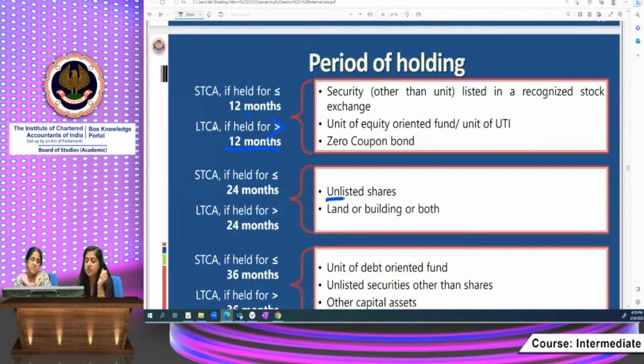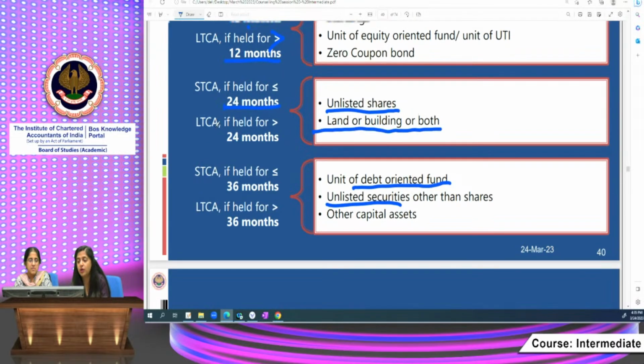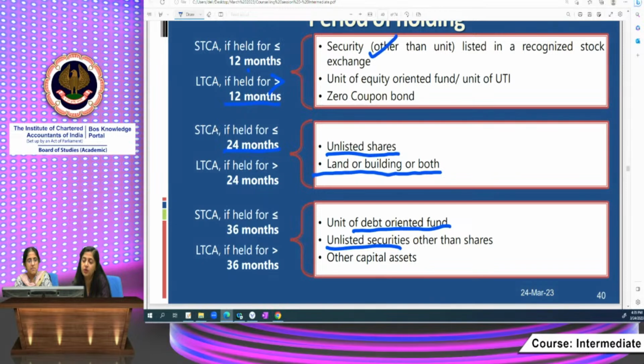For unlisted shares, the limit is 24 months. If it is held for more than 24 months, it's a long-term capital asset, otherwise short-term capital asset. Similarly, for land, building or both. And for the remaining capital assets, whether they are units of a debt oriented fund, unlisted securities other than shares, because shares are already covered, listed in the 12 months period and unlisted in the 24 months period.